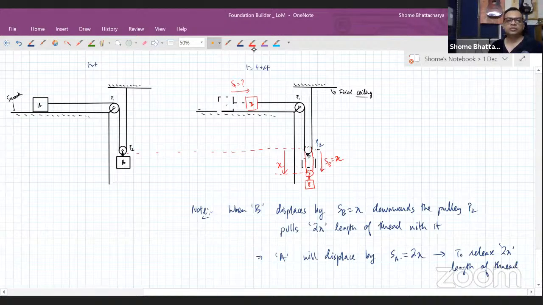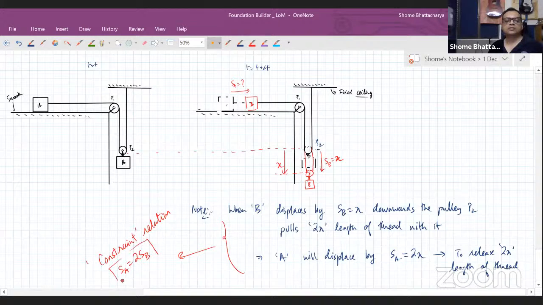Okay. So this whole process that we have done here is called constraint relation. That is, the ratio of the displacements is like this by thread length conservation. We are saying that the thread length is remaining constant.